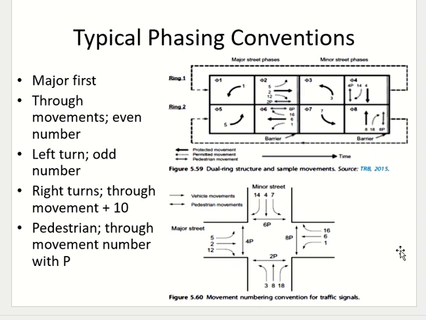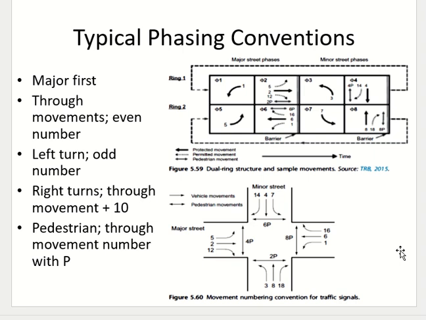Even numbers are for through and odd numbers for left. So pedestrian movement with the letter P, odd numbers for left turn, even numbers for through, straight, and for right turning, plus 10. All of them are with respect to the through.